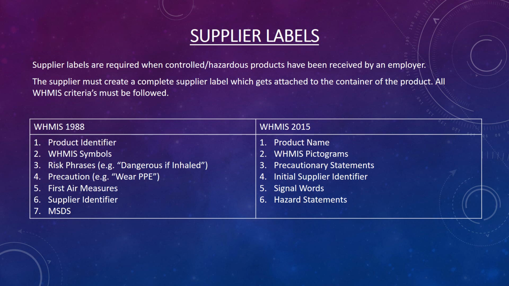Supplier labels. Supplier labels are required when controlled or hazardous products have been received by an employer. The supplier must create a complete supplier label which gets attached to the container of the product. All WHMIS criteria must be followed. WHMIS 1988: 1. Product identifier. 2.